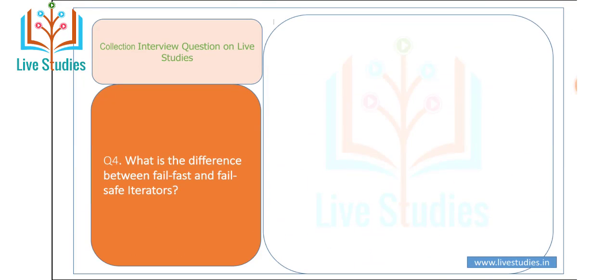Another question is, what is the difference between fail fast and fail safe iterator? This is a relatively new collection interview question and can be tricky.